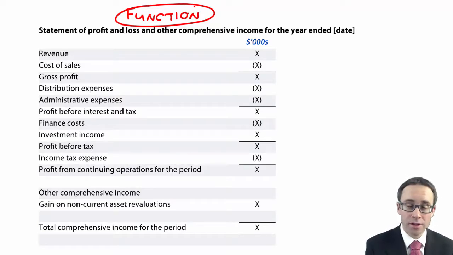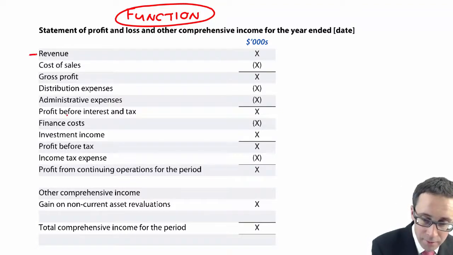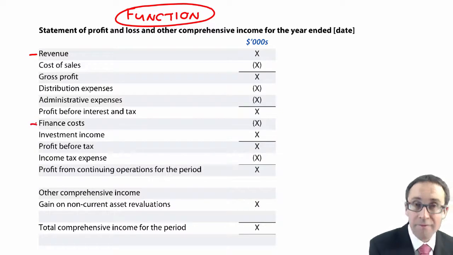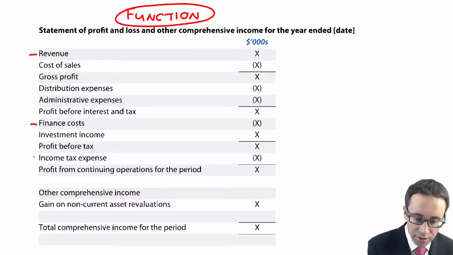Just a point to note, the specific line items that must be disclosed are revenue, finance costs. So you don't need to disclose cost of sales, admin, distribution. What has to be disclosed is revenue. What has to be disclosed is finance costs.